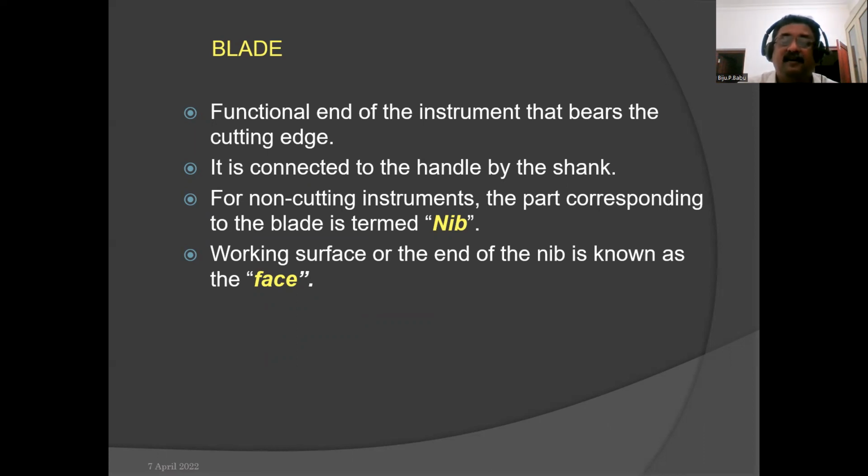And if the blade portion doesn't have a cutting end, but has a blunt, non-working, non-cutting end, it's called the nib of the instrument. The working end of the nib is called the face of the instrument. Suppose it's a condenser, the tip of the condenser, which has a flat end, is called the face of the instrument.